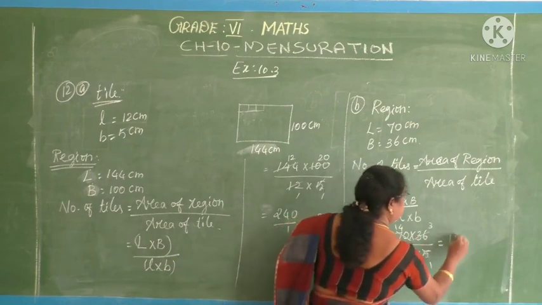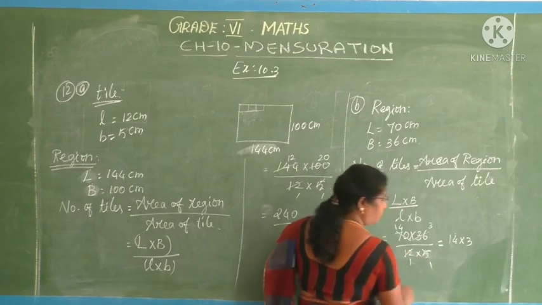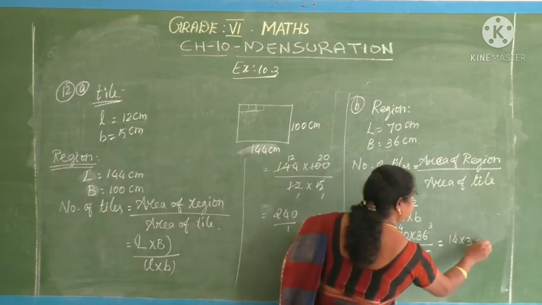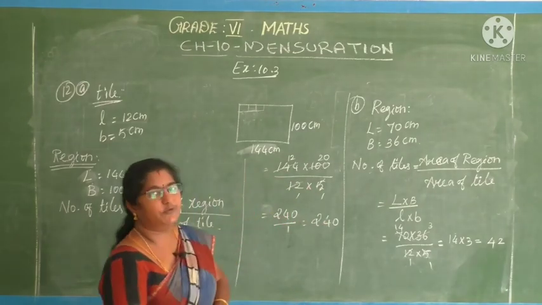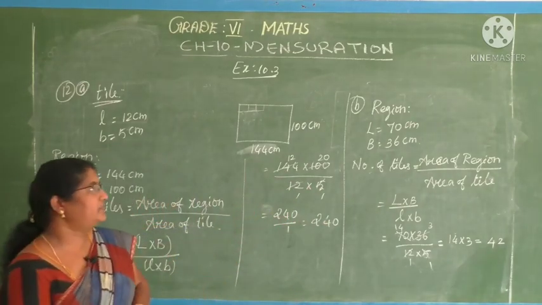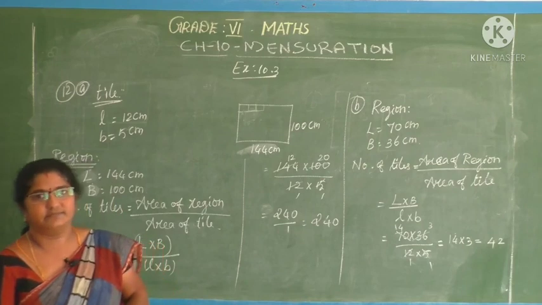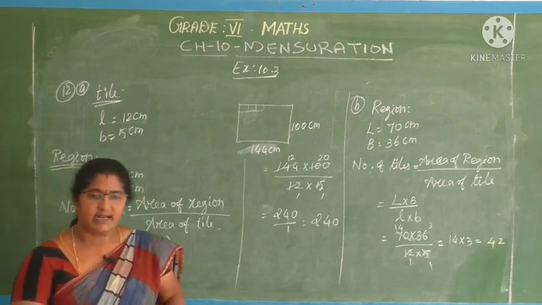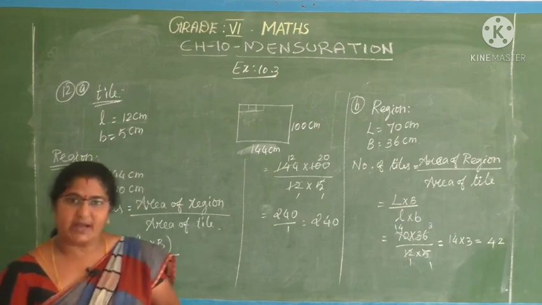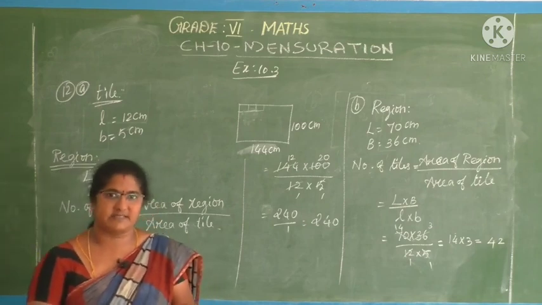So 14 into 3, the denominator is 1 into 1, 1. 14 times 3 is 42. So 42 tiles are needed to place in that region of length 70 centimeter, breadth 36 centimeter. Understand? That is how we find the number of items.